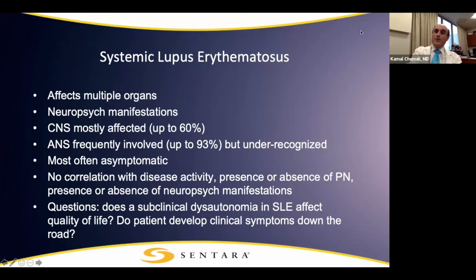And the question that is unknown, also the answer to which is unknown, is how about down the road? Do patients develop clinical symptoms down the road? Is there something that we could do in order to prevent that from happening? So those remain questions without answers.